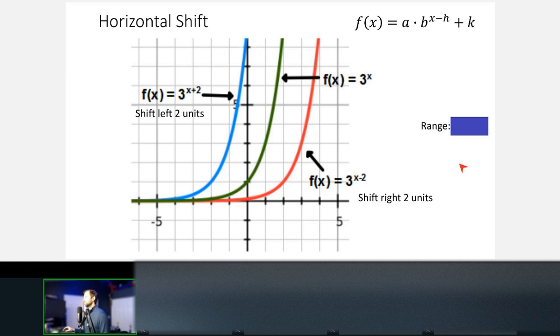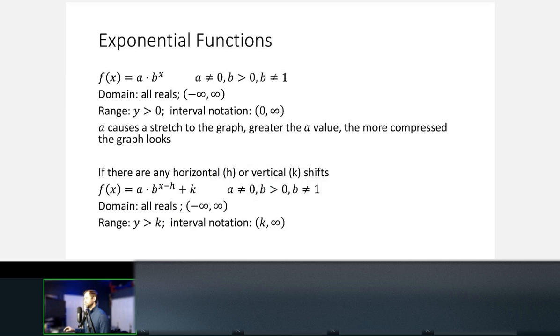What is the smallest Y value that we have on this graph? 0. What is the largest Y value? Infinity. So class, what is the range of these three graphs? 0 to infinity. That is correct. Remember, going back to this, if you've already forgotten, your range is always 0 to infinity unless we have vertical shifting.